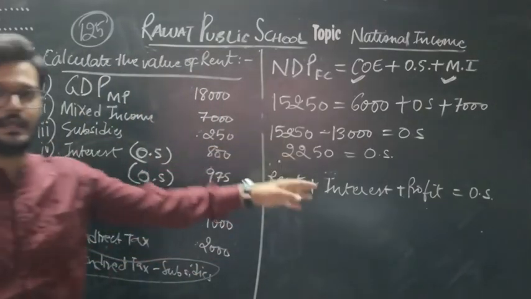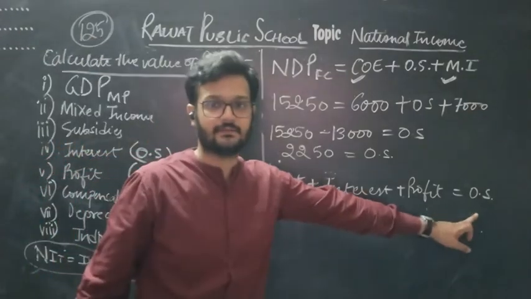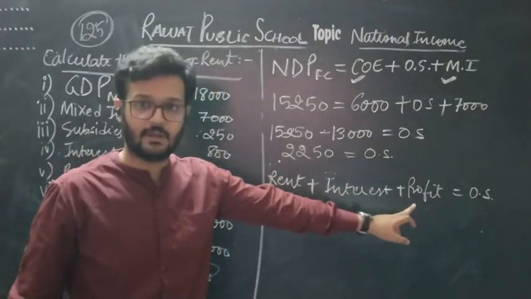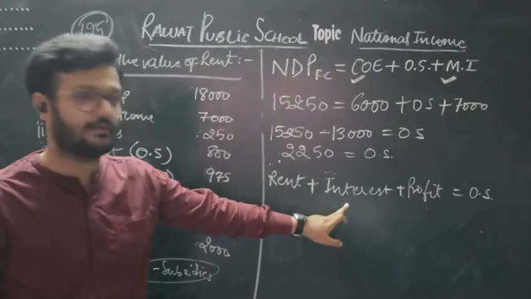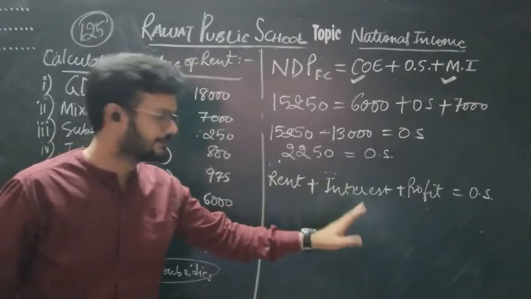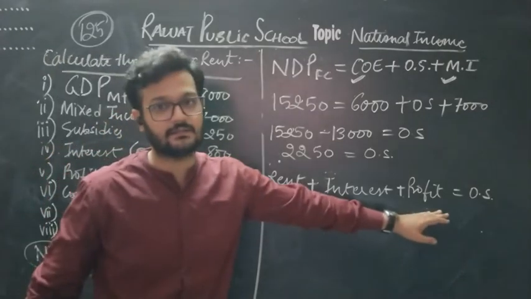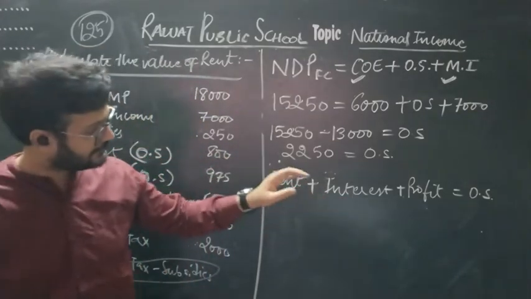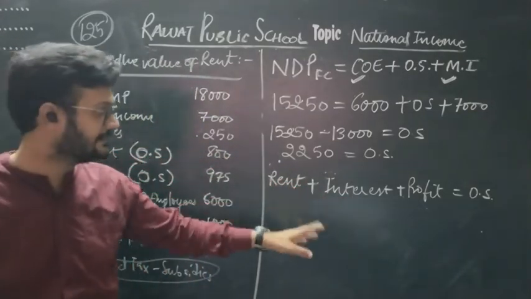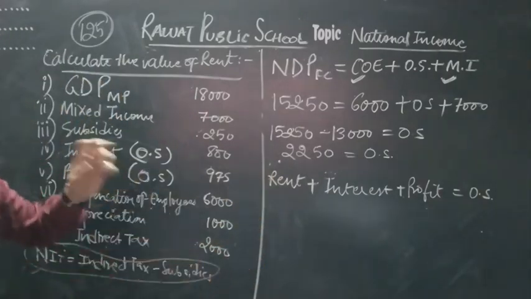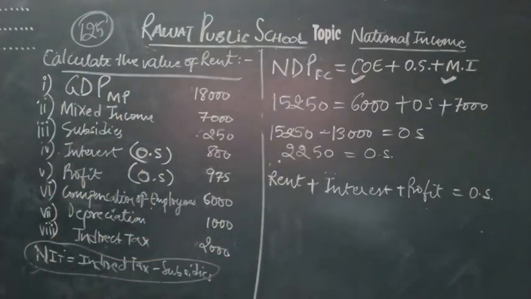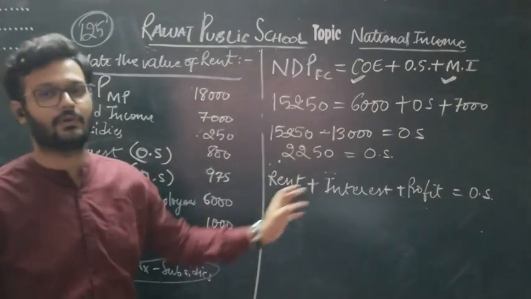Now in this formula we have operating surplus, profit and interest available. The only thing we don't have is rent, but with the rest of the information we can easily calculate rent. So this becomes part of your homework: calculate rent using this formula.